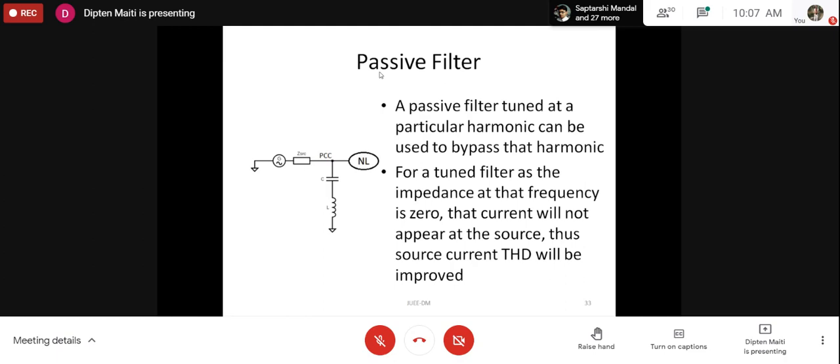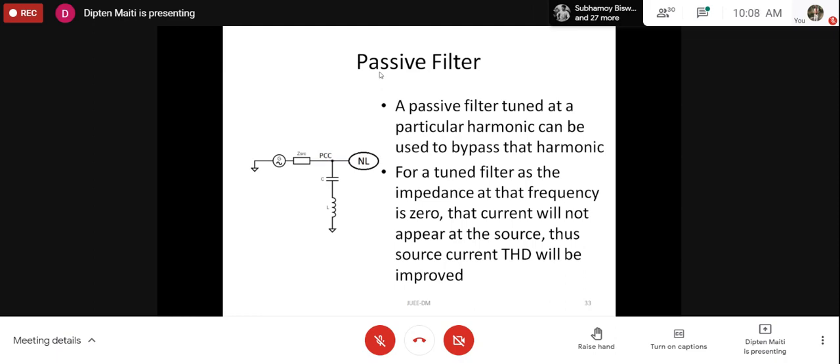That gives you the harmonic standards. Nowadays, however, point of common coupling is a generalized technical term used in more or less any standard and literature while we discuss harmonics in the line or distribution system. I am not going into the technical definition, which you can find.